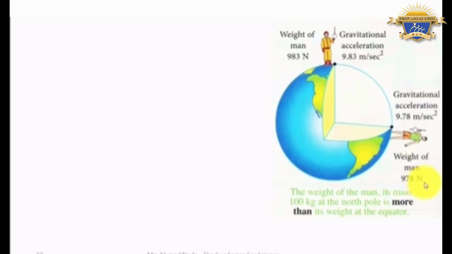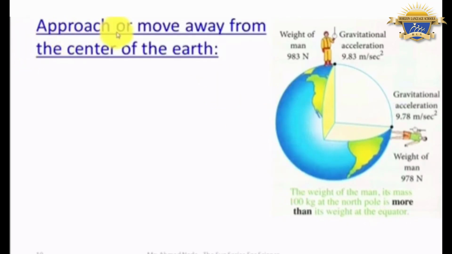Why? What is the difference? The difference is in the distance between the object and the center of the Earth. So the gravity decreases as we move away from the center of the Earth, and as we approach, the gravity increases.